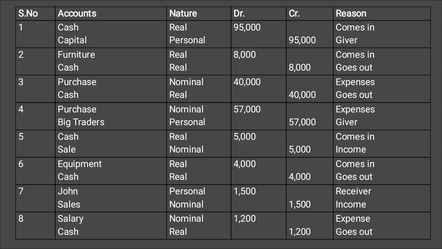Debit the receiver. Once when you sell goods to someone, definitely that person will be debited. So we have to debit John's account and we have to credit our sales account. John will be debited by the same figure and sales will be credited. And why do we have to credit sales? Because sales account is part of nominal account, and under the nominal, that is part of income.